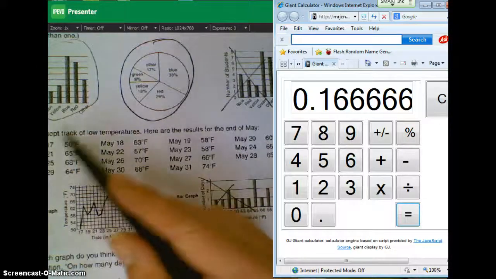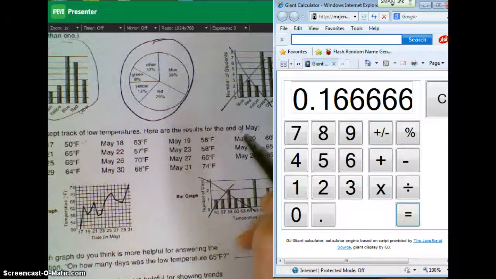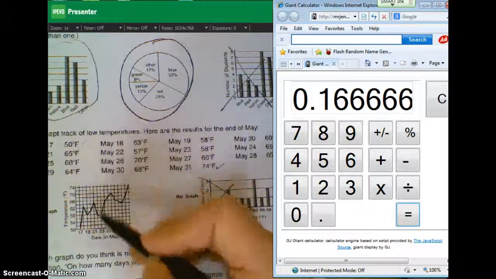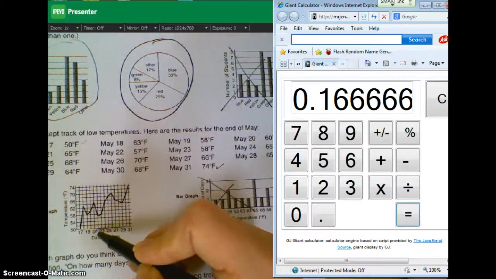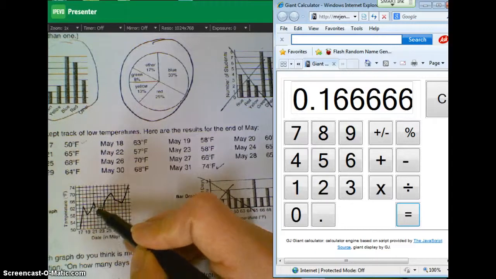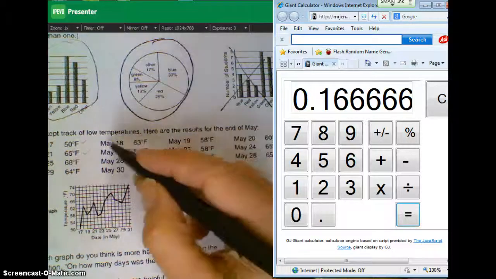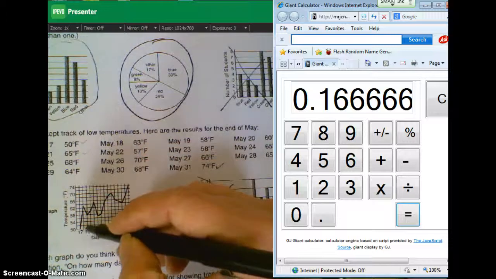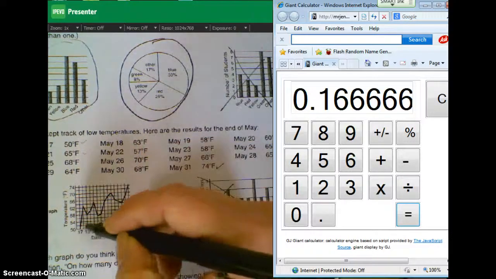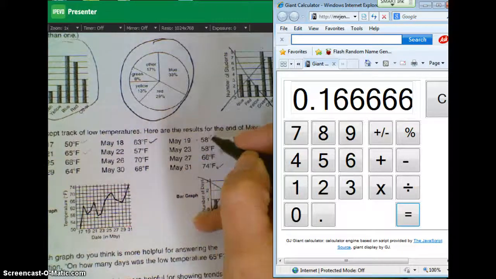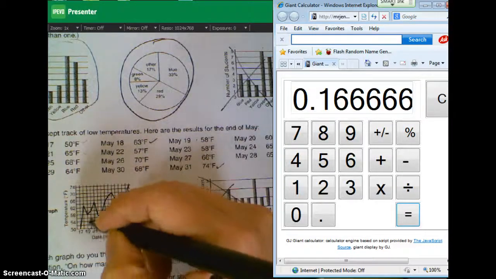We know we had the 17th was good and the 31st was good. Let's see if we can find a couple other ones. The 21st should be 65. All right. And May 18th, going to be right in between, should be 63. That one looks all right. May 19th should be 58.